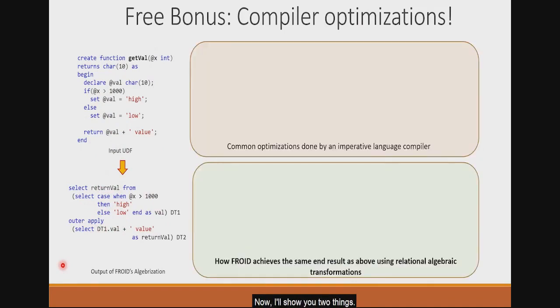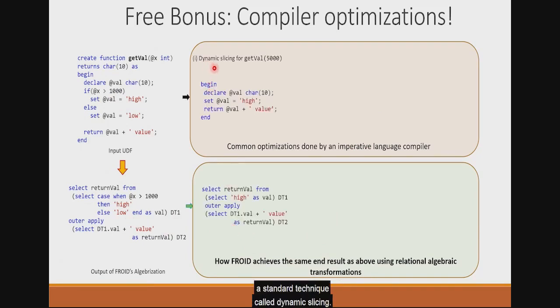Now I'll show two things. If this imperative program was directly given to a compiler of an imperative language, it would perform certain optimizations. I'll show that here, and I'll show how Froid achieves the same optimizations automatically using relational algebraic transformations. First of all, there is the standard technique called dynamic slicing.